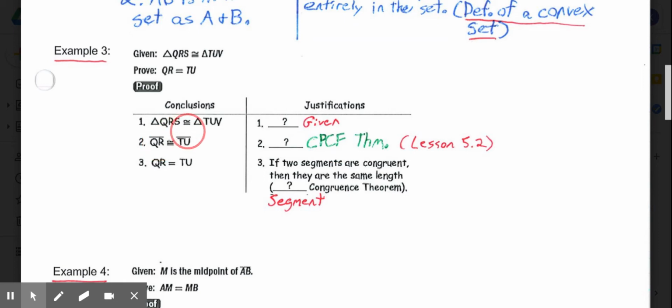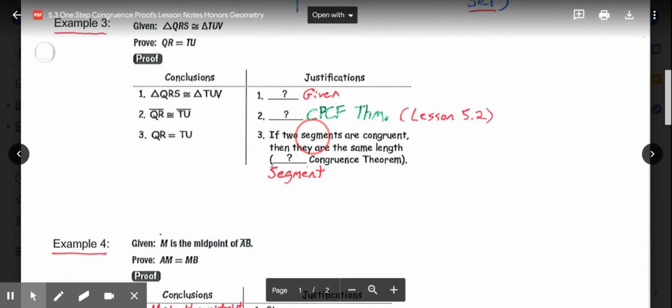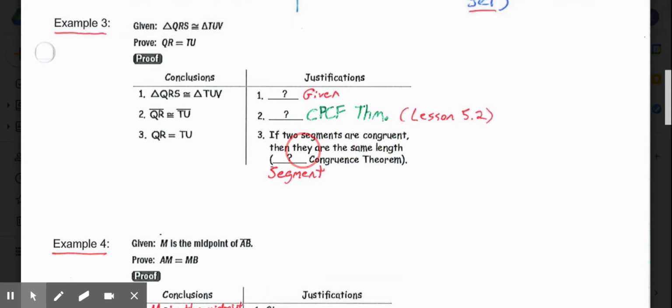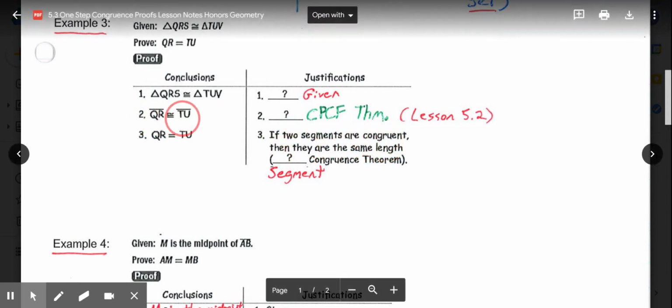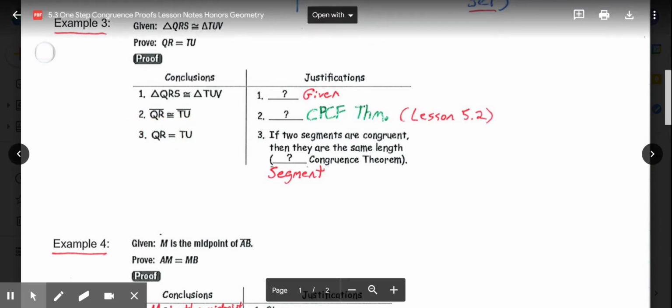So side QR is congruent to TU. Then our final conclusion, QR is equal to TU, comes from the segment congruence theorem, which states, if two segments are congruent, then they are the same length. Because we established them as congruent, in the final step, we can say they're the same length.